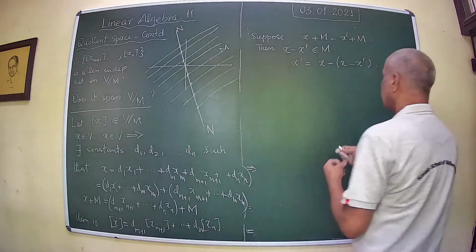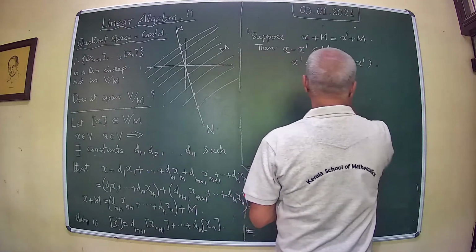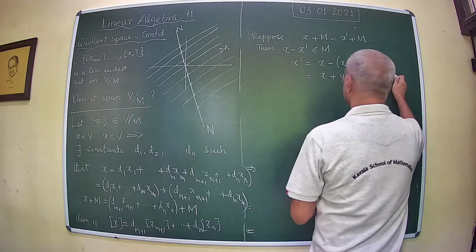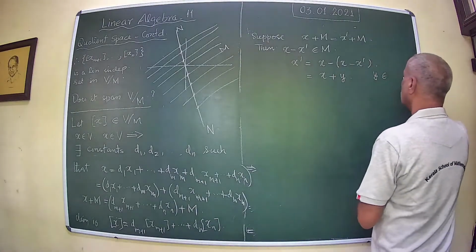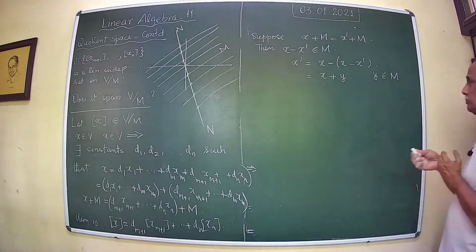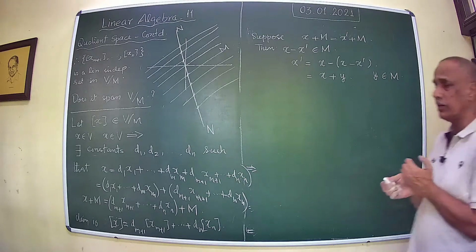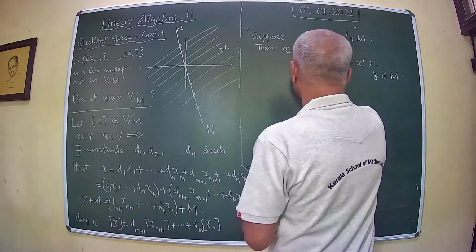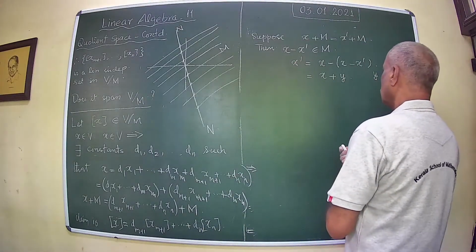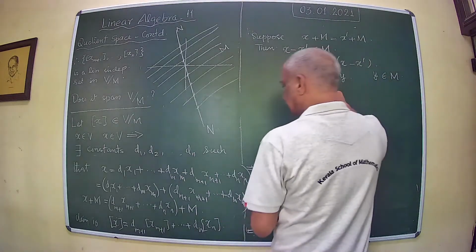So x is equal to x prime plus some y, y belongs to N. Therefore, now we look at the representation of x prime. Okay, so x prime is equal to, what is x?